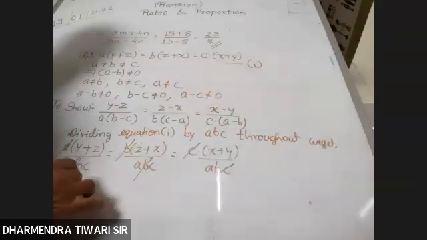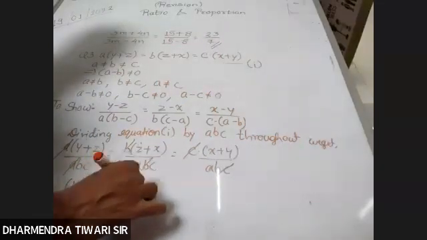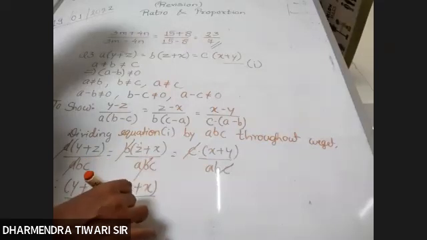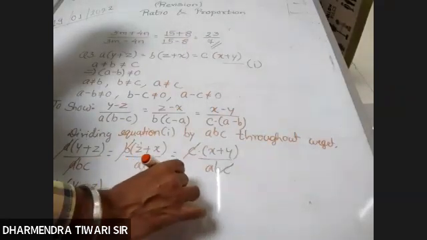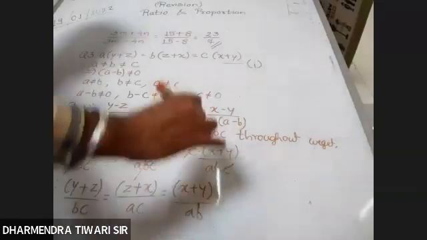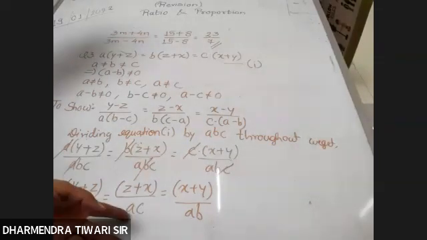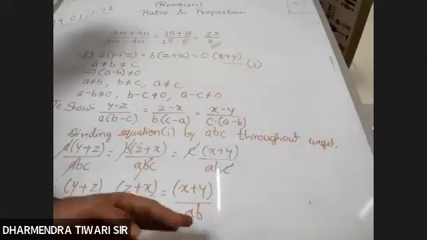Therefore, (y + z) divided by bc, (z + x) divided by ac, (x + y) divided by ab. So now we have abc in the denominator, meaning here we can see bc, here ac is present, here ab is present.